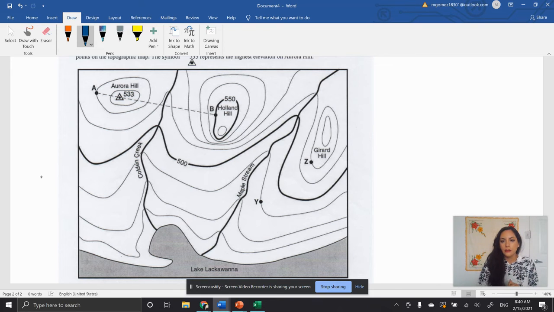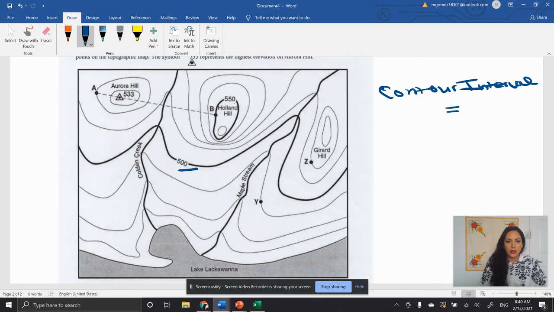Again, we always need to label, and we need to first figure out the contour interval anytime you see a topographic map. This one's a little bit tricky, not too much. You have contour line 500, and over here another contour line is 550. You need to find the difference from one contour line to the next. How much will the elevation be increasing by each contour line?